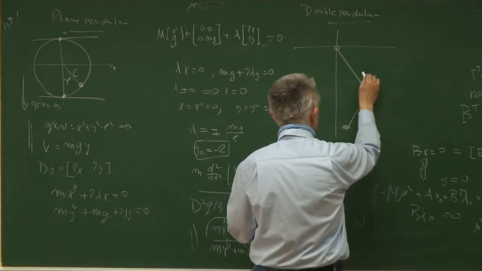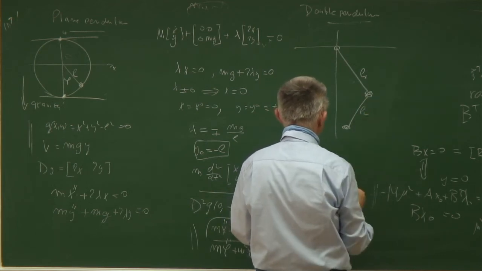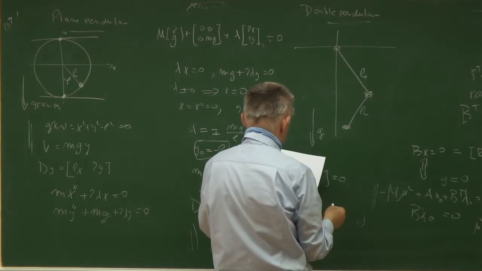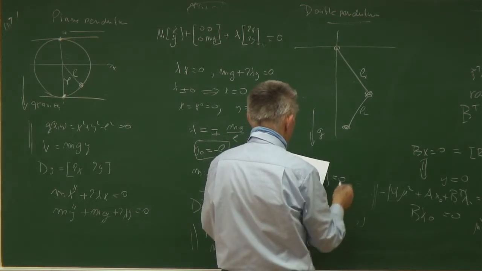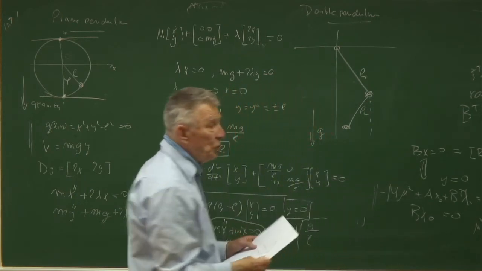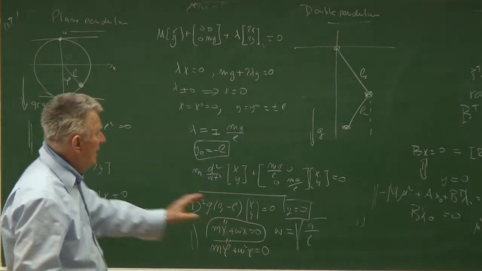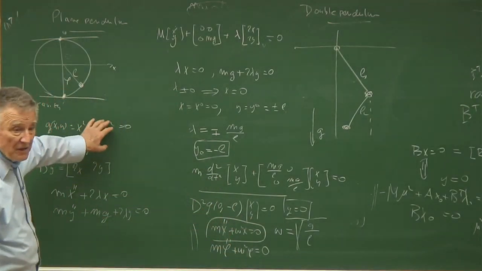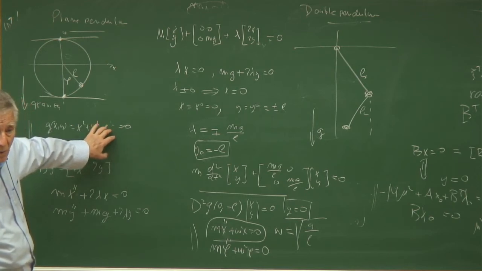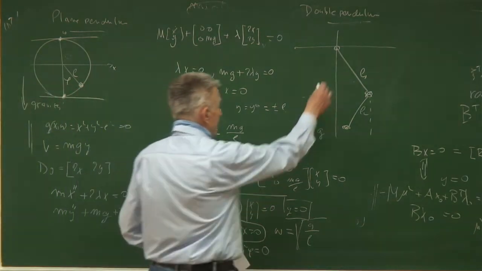Here you have a length L1 and its length L2. You have a gravity here, and you can do your problem in two ways. One of them is the same as I described here. The problem is find small oscillations of this system around this position down there.